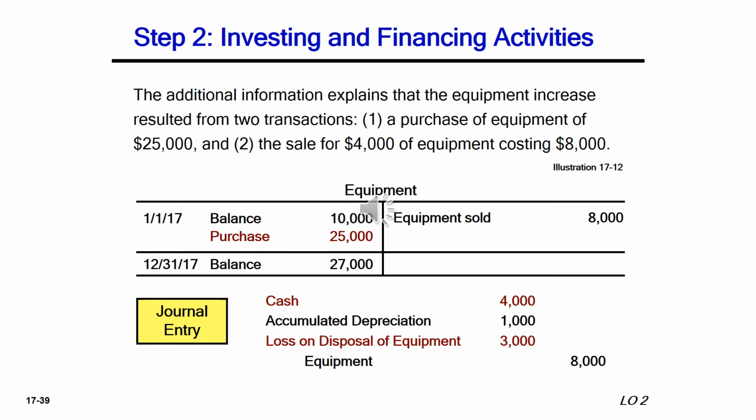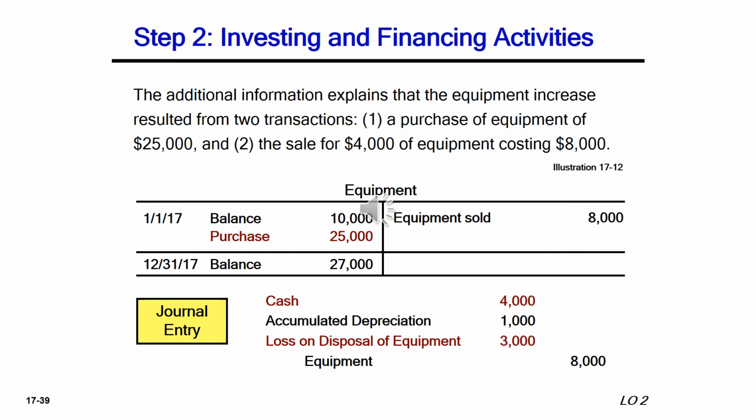Then we also had some additional information that relates to equipment. The additional information explains that the equipment increase resulted from two transactions. One, a purchase of equipment of 25,000, and two, the sale for 4,000 of equipment costing 8,000.